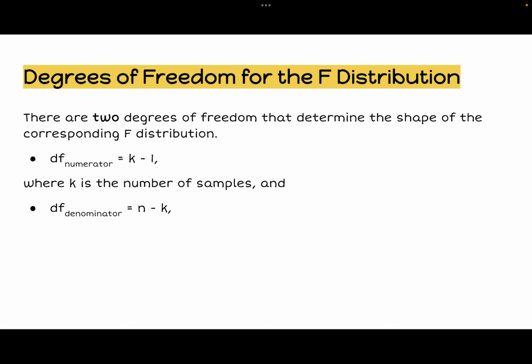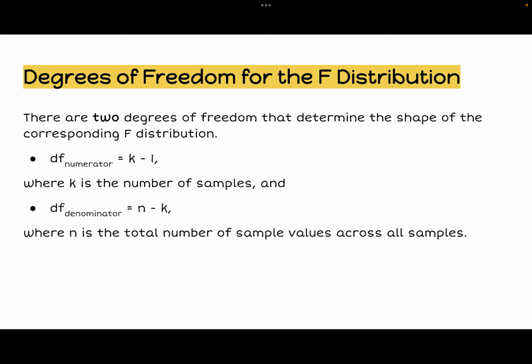The other one is df denominator, and it's equal to n minus k, where n is the total number of sample values across all samples. So if I have 3 samples, I'm going to add the sample size for 1 plus the sample size for 2 plus the sample size for 3, and that's going to be that lowercase n. So typically the numerator degrees of freedom is small, and the denominator degrees of freedom is going to be bigger, because it's based on bigger numbers.